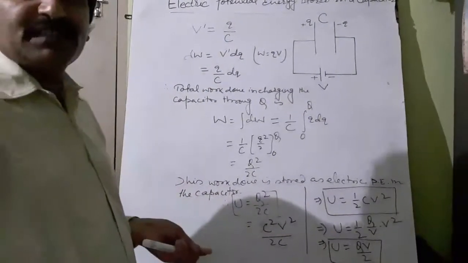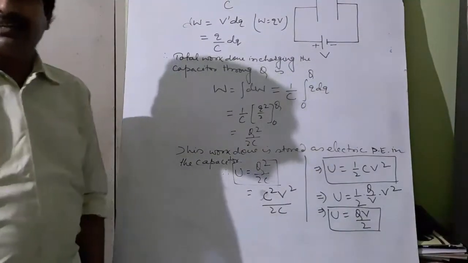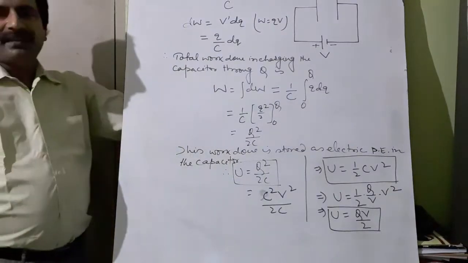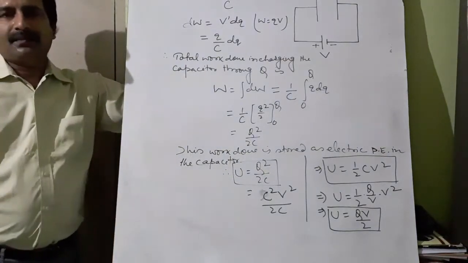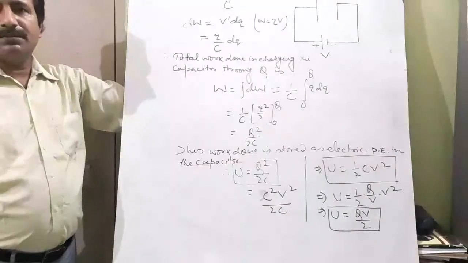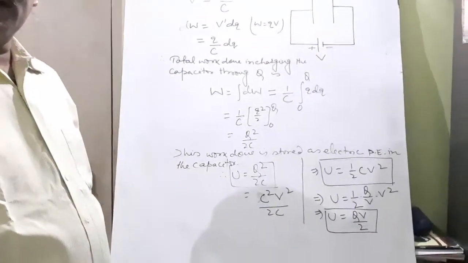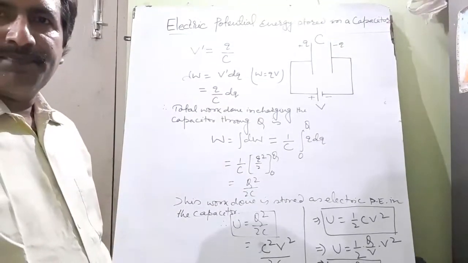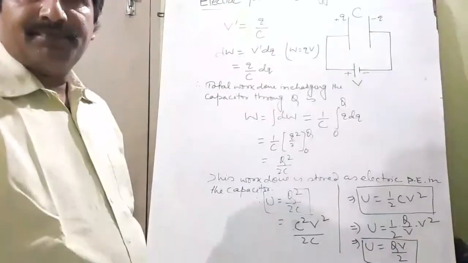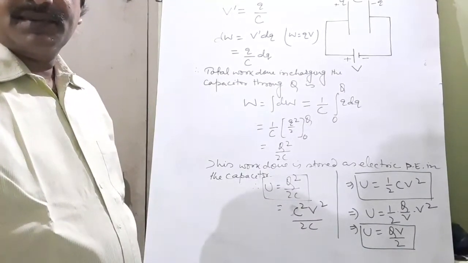So these are the expressions for electric potential energy stored in a capacitor. Just have a look. Got it?